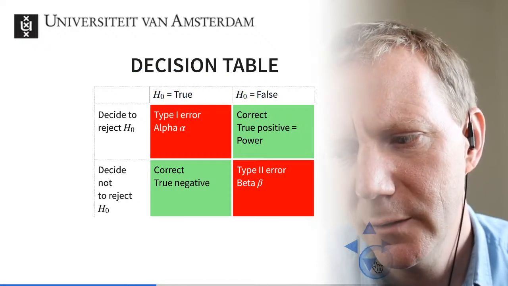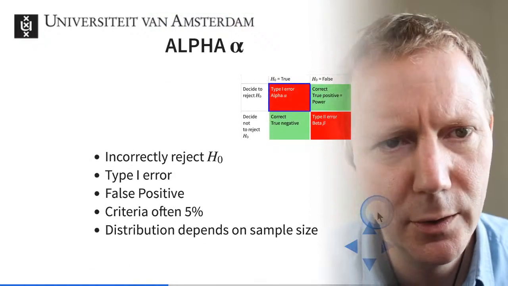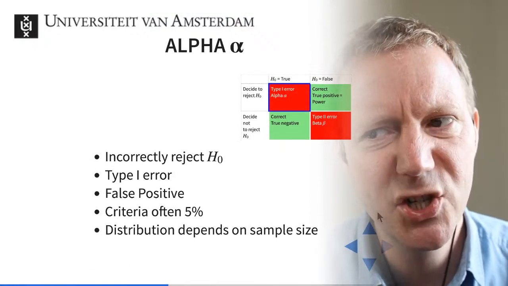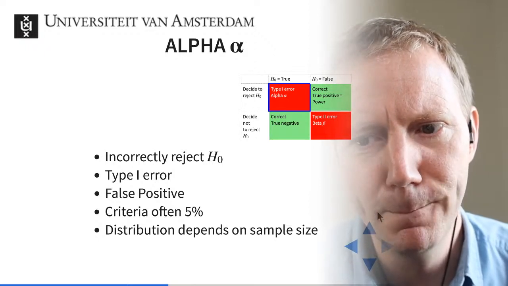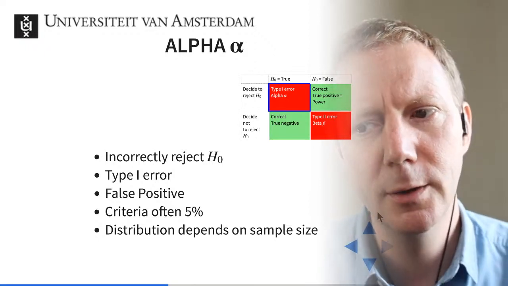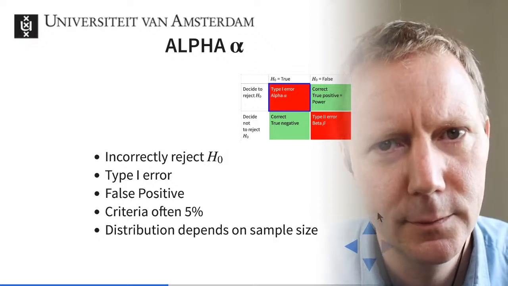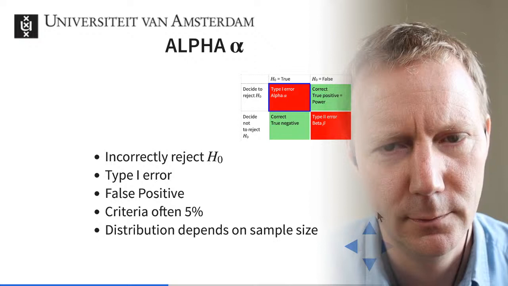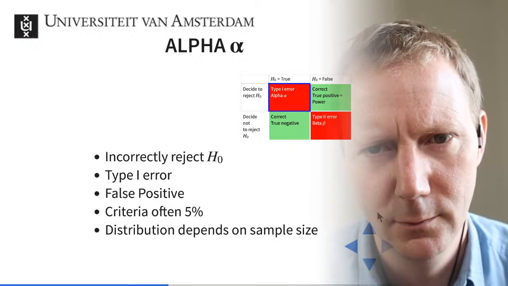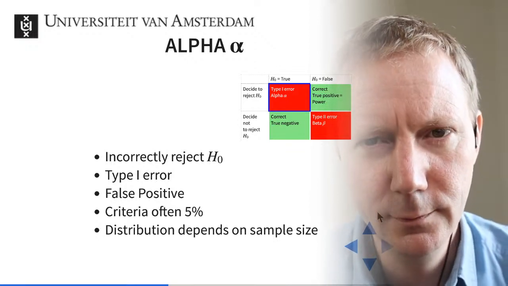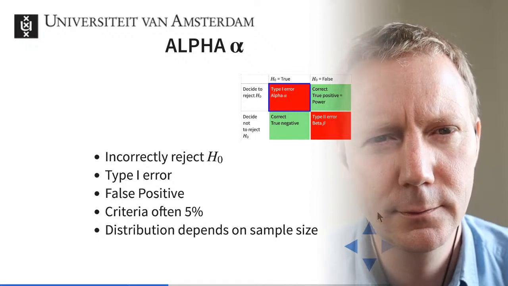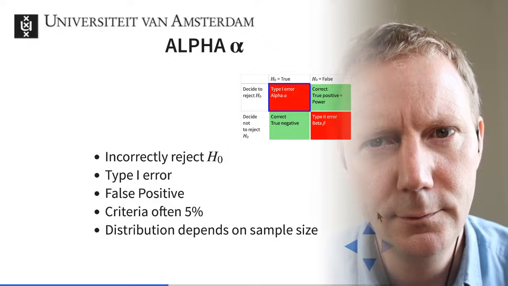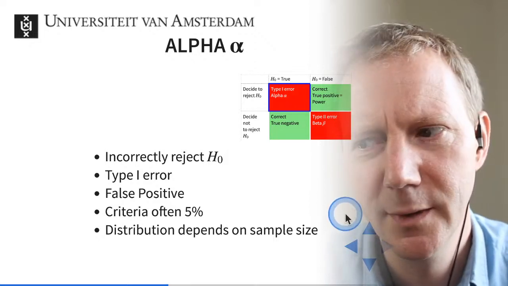So in terms of distributions, when you're thinking about the coin experiment, which distribution holds for alpha? At what distribution must we look? The null distribution. Very well, that's good.